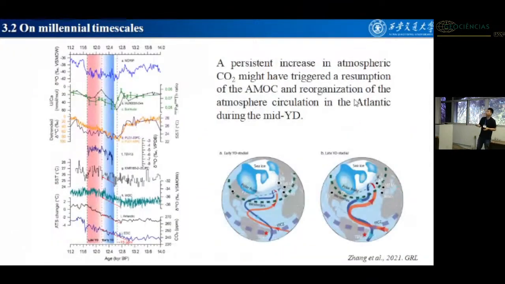So we also compared the temperature record from Antarctica and also this AMOC record. You can see that at the start of the Younger Dryas, AMOC starts to resume, along with a reorganization of the atmosphere in the Atlantic.